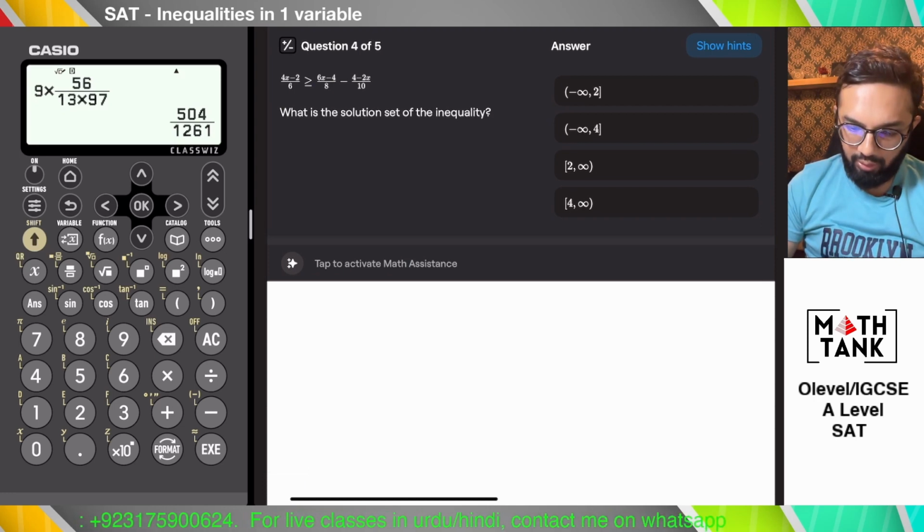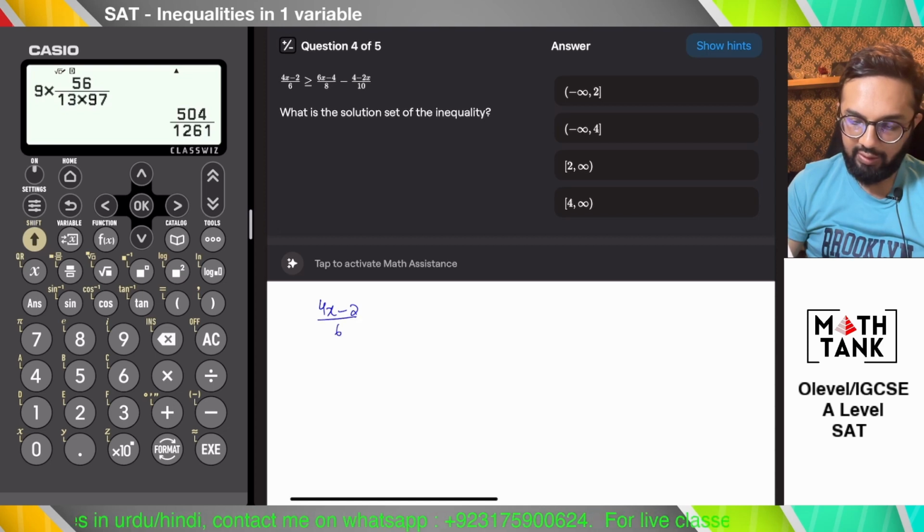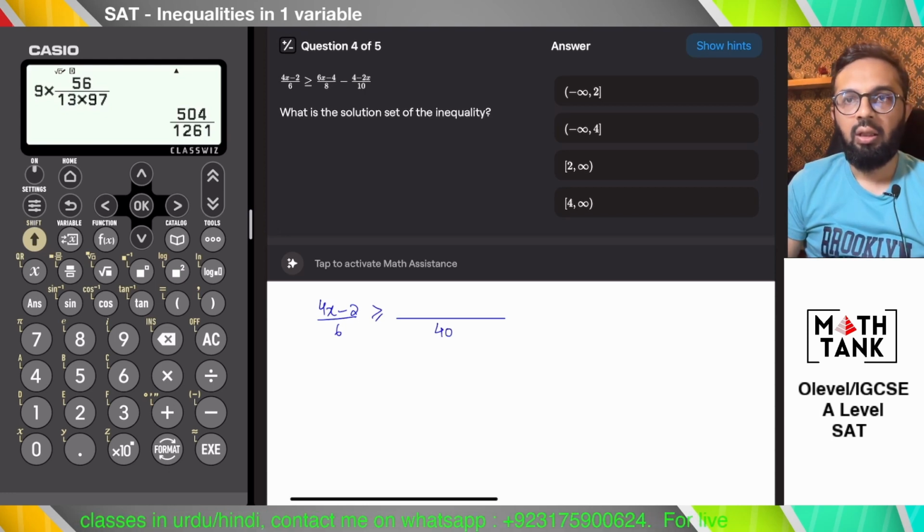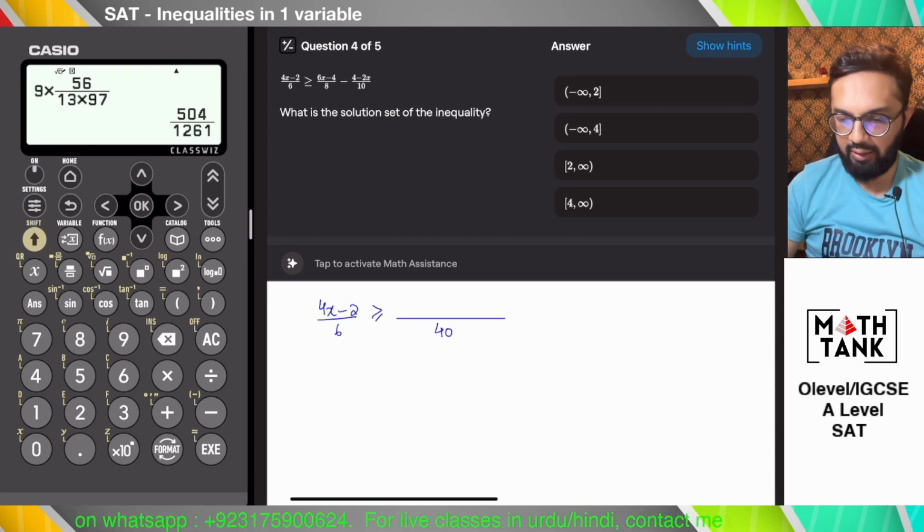Okay, this looks like a more complicated inequality. Let's try solving it. 4x minus 2 over 6. I'm going to take a common denominator on the other side. 8 and 10 have a common denominator of 40, a number that falls into both the multiples of 8 and multiples of 10. So that is 40.